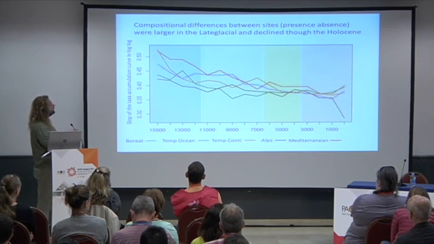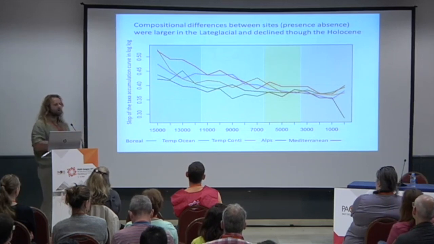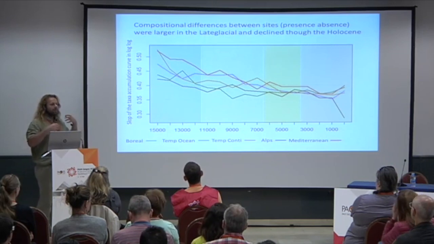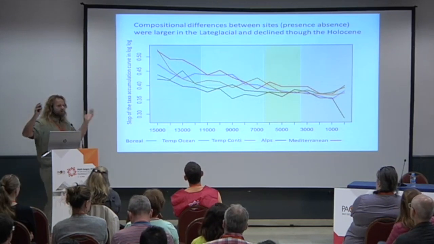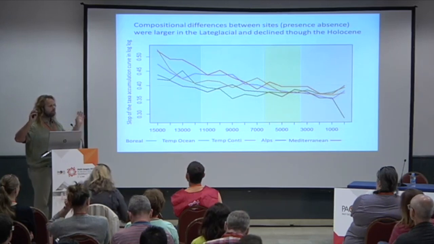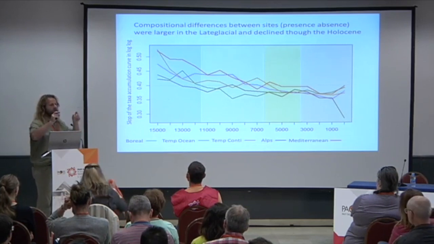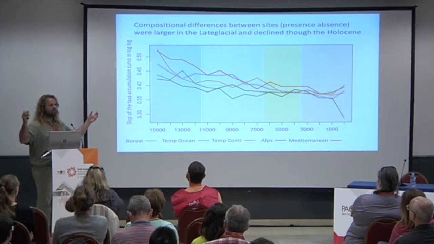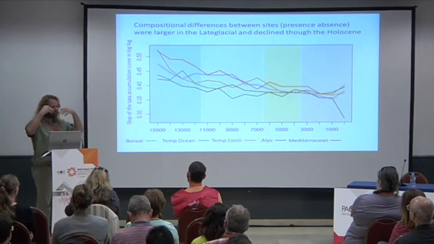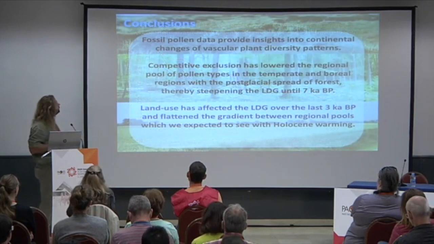So they are more different in the late glacial and the early Holocene, and then they become more unified, more similar to each other. So the overall pollen taxa number in the region stays the same. Individual sites get more taxa, but this is because of processes that make the landscape more homogeneous.